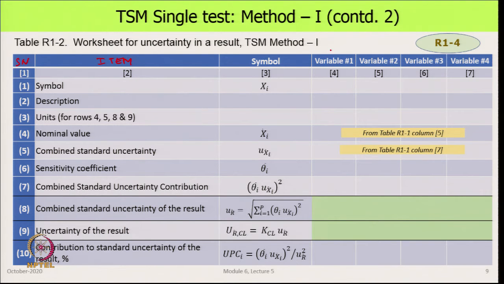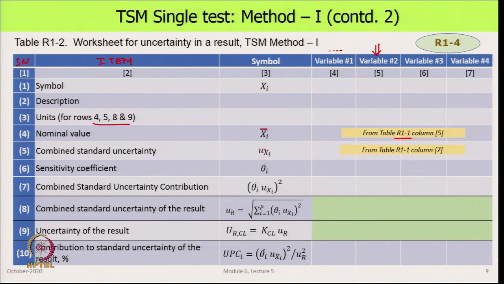This could be a length measurement of some type, this could be say the velocity measurement, like that. So, we write down the symbol, description, units. Now, these units are applicable for some of these next steps only. Then we write in the fourth line the nominal value of that parameter which came from the first table. We just copy it from there.